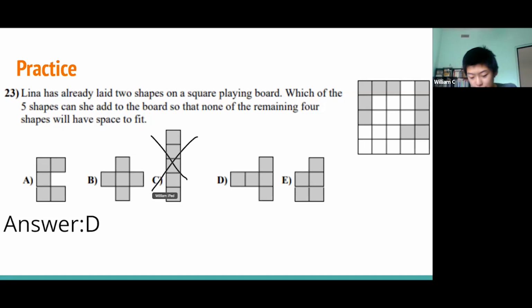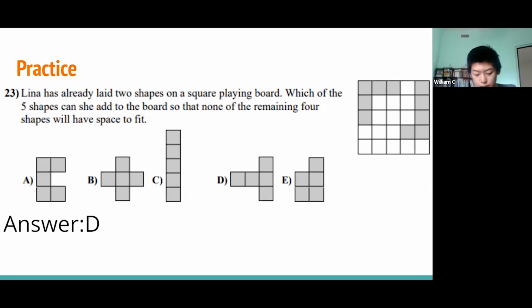Now let's look at A. We must have at least one square from the bottom row, so A can have a few possibilities. Here, here, here, or here. Notice that for all these possibilities, there is a way to fit something else.